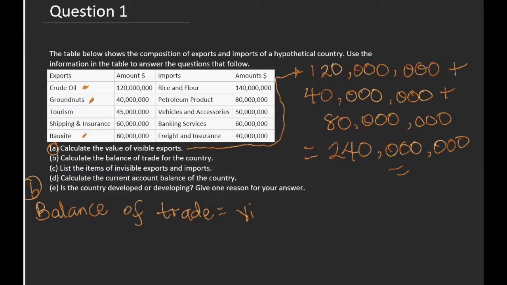Balance of trade is the total value of visible exports minus total value of visible imports.